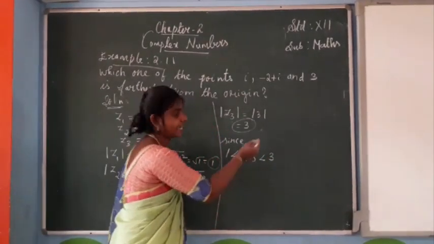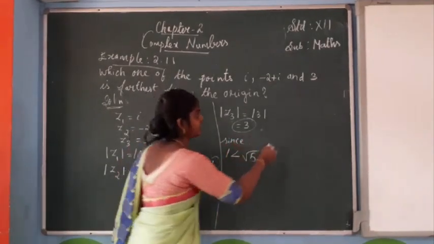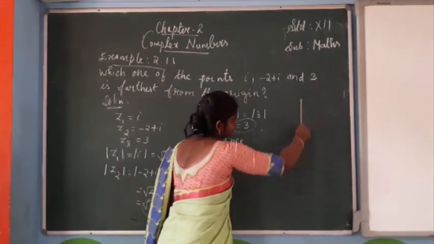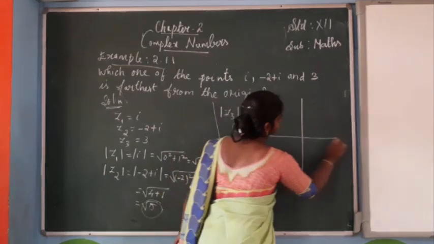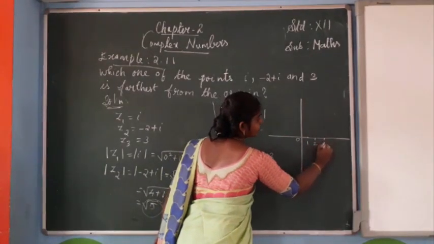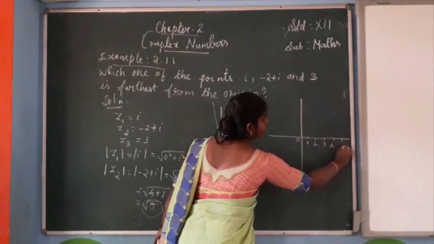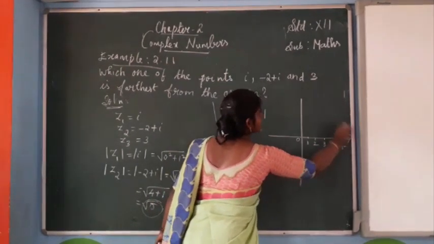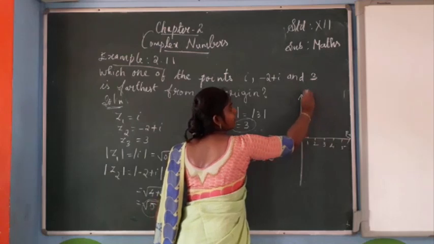So just we can draw an orient line here. So 0, 1, 2, 3, 4, 5. This is real part and this is imaginary part.